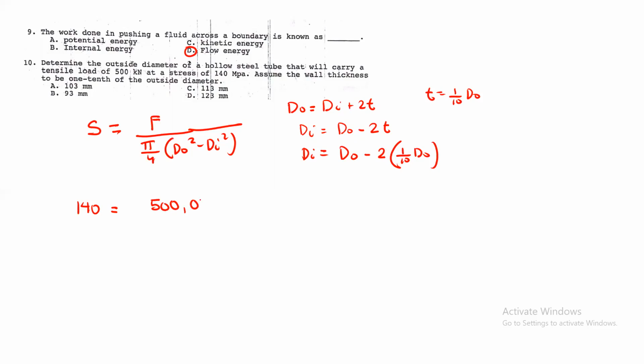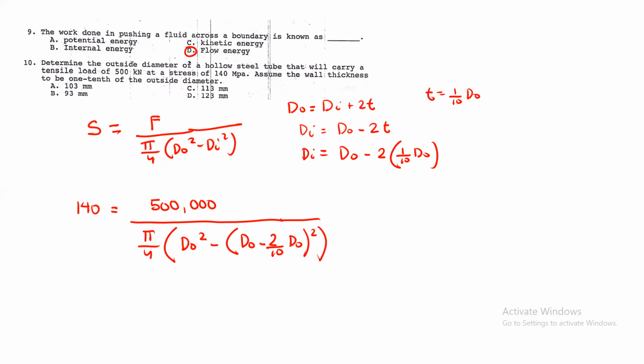Gawin natin Newton, 500,000 Newton divided by pi over 4 times outside diameter squared minus inside diameter, dO minus 2/10 dO squared. Makukuha natin shift solve.